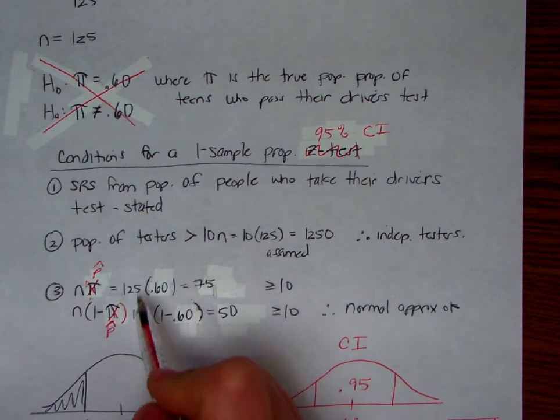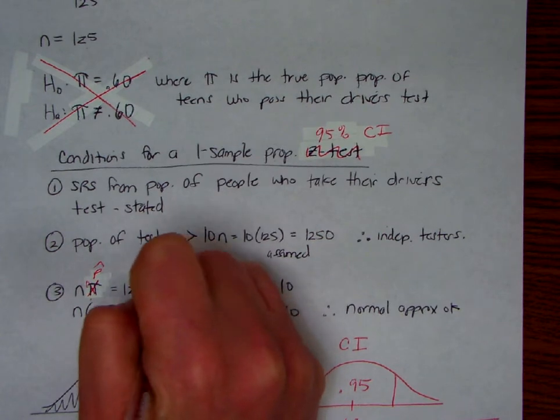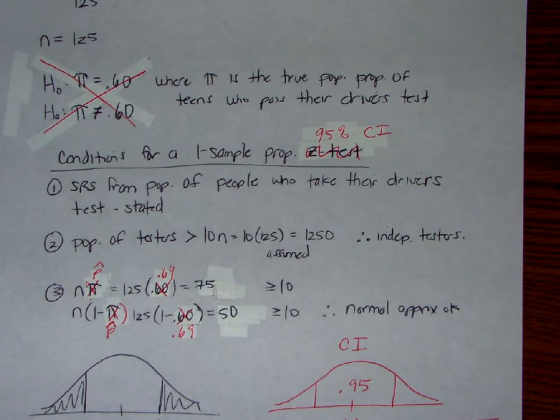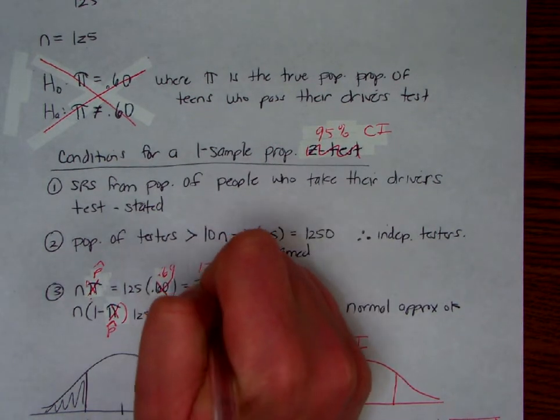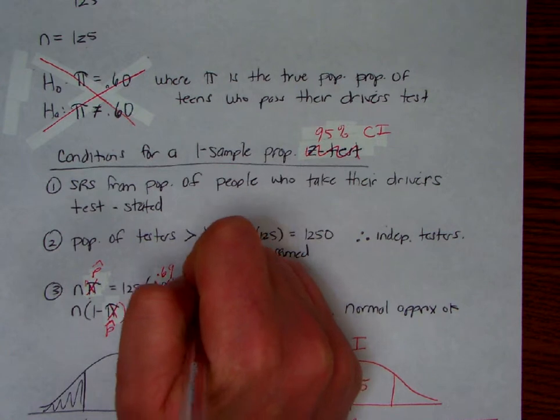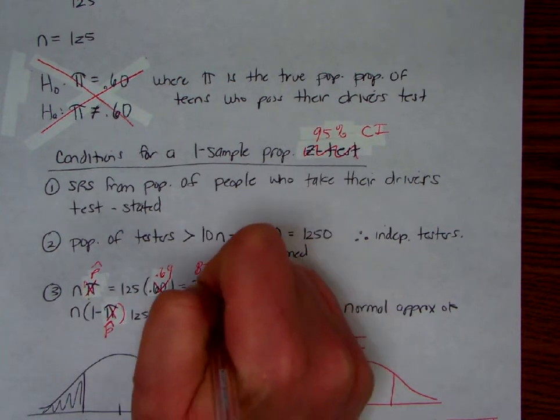So you're actually going to do 125 times 0.69. Okay, and what you might even want to do, I don't know if you guys have it readily available, but go find your confidence interval notes and see if you can compare a test to a confidence interval, and you'll see these slight changes. 125 times 0.69 is 86.25.